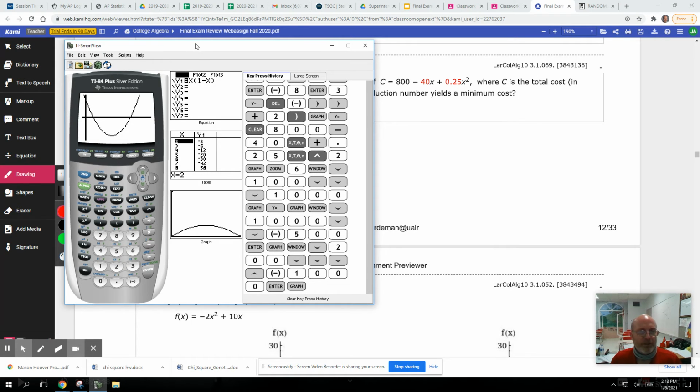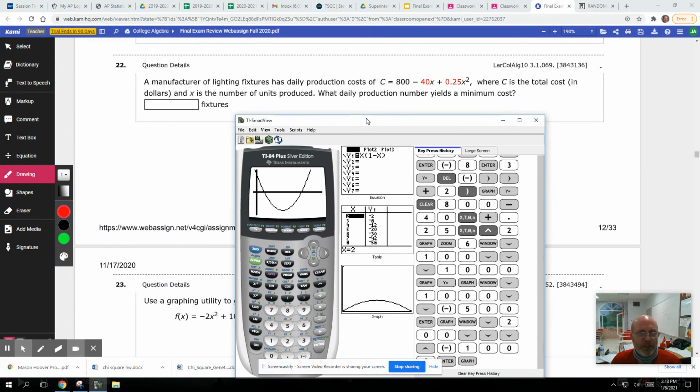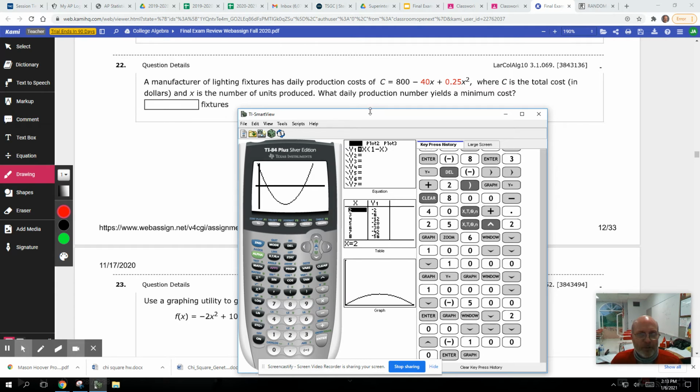Now my problem here is that this suggests that we have a negative cost. That doesn't really make any sense, production cost. But we're going to go ahead and find a minimum just in case. I don't really like this problem.